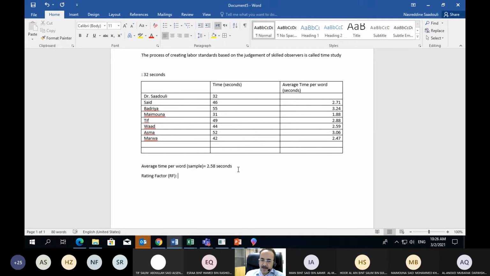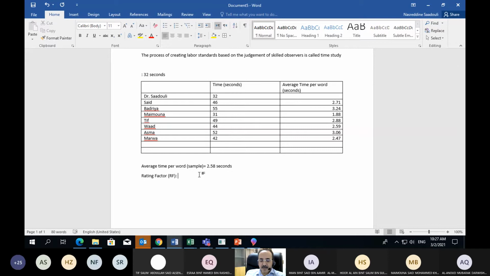Like in this case, do you think that the average time per word during an exam setting, when you're doing this in the exam, you'll take more than the 2.5 seconds or less than the 2.5 seconds per word? Intuitively. More, exactly. And therefore, the rating factor in this case must be more than 1. So, we might take 10% more, might be 20% more. That's what the rating factor does.